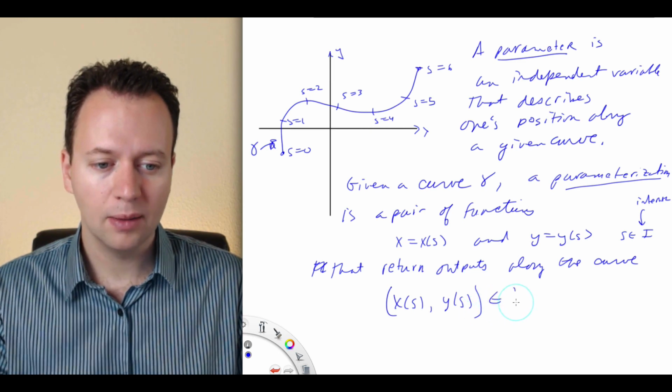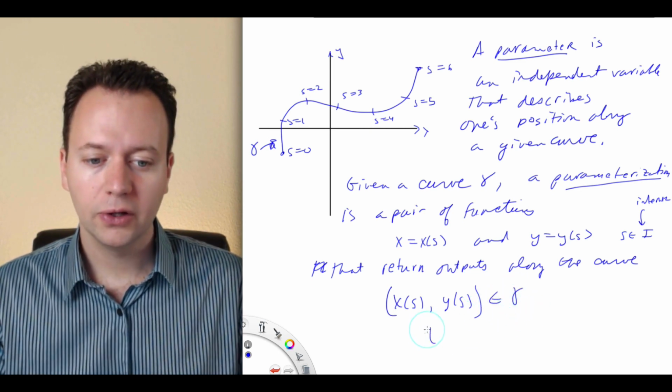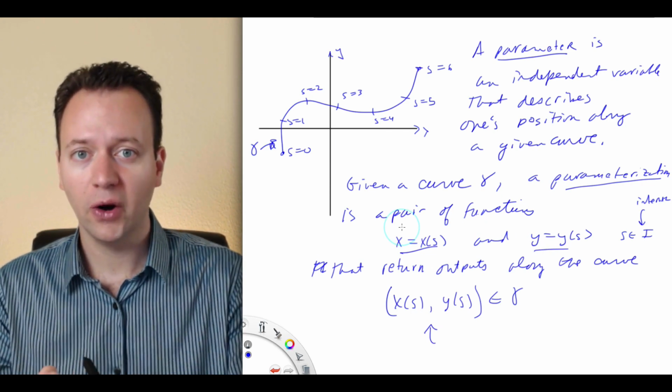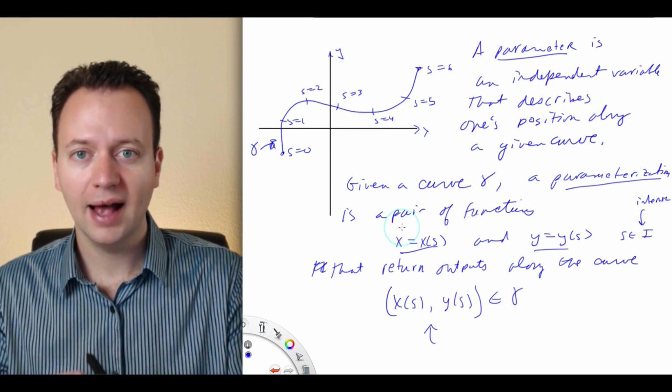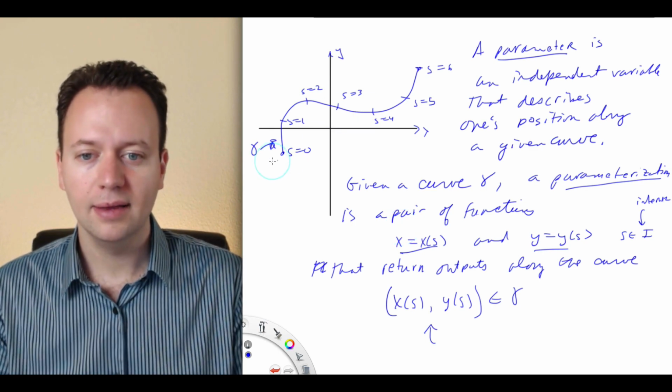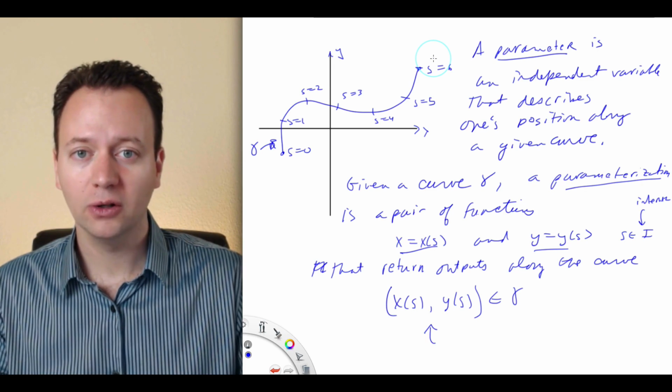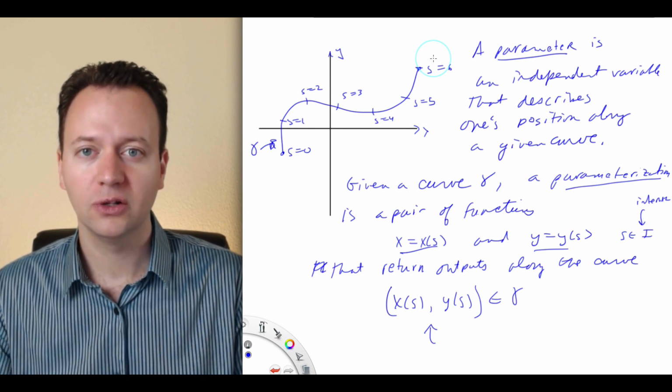That point is some point along the curve gamma. So these functions basically trace out the curve as you vary s along the interval I. In this picture, I would be the interval from 0 to 6. You're varying points along the curve, so it's outputting the x and y values.